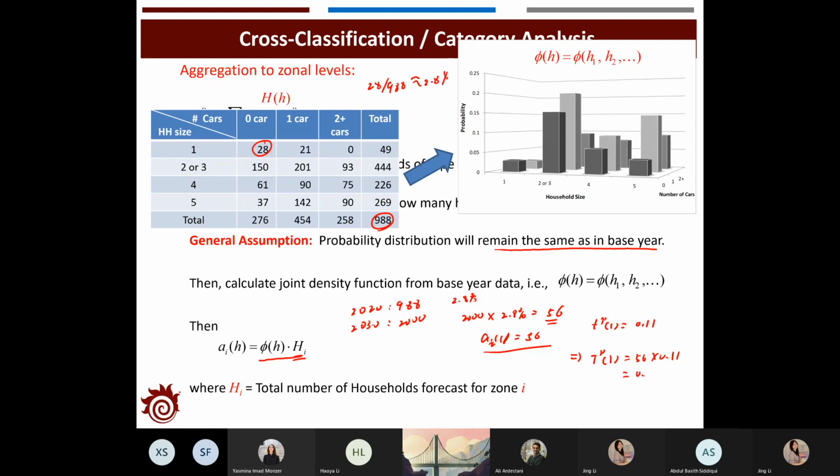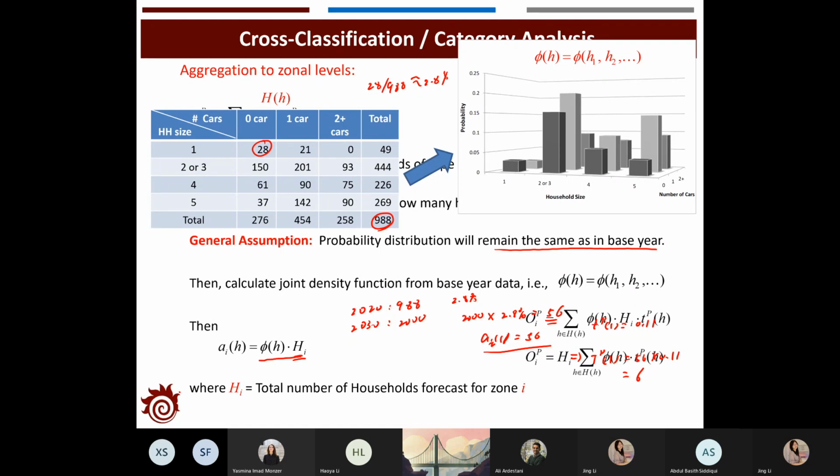That is approximately 6 in the future years. So that's how we're gonna use this model for the prediction. And the model is very simple, and it's very straightforward to conduct the prediction of future trips.